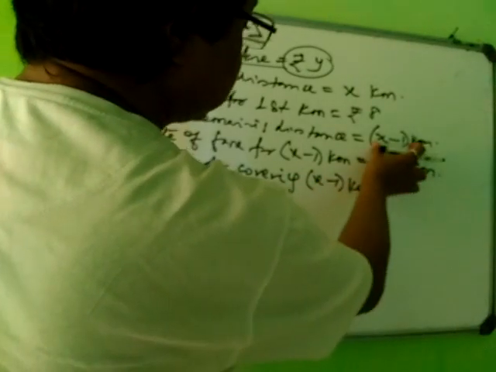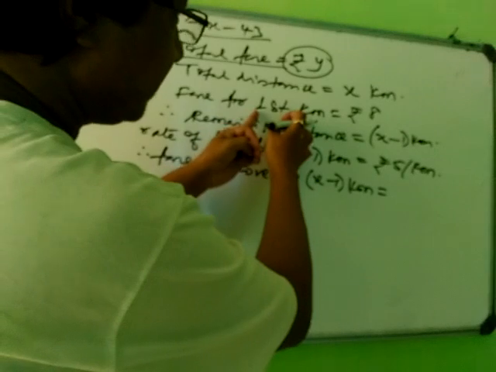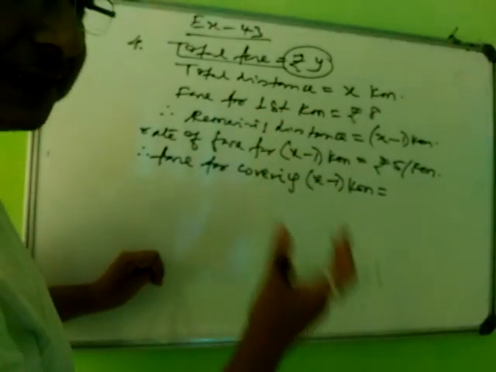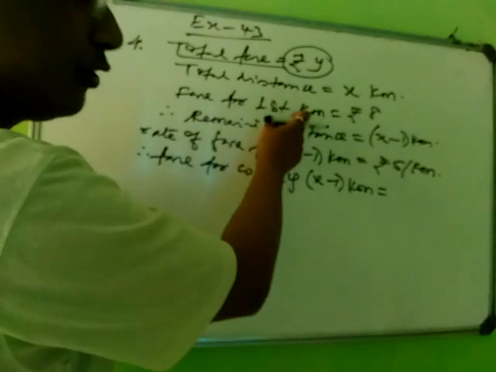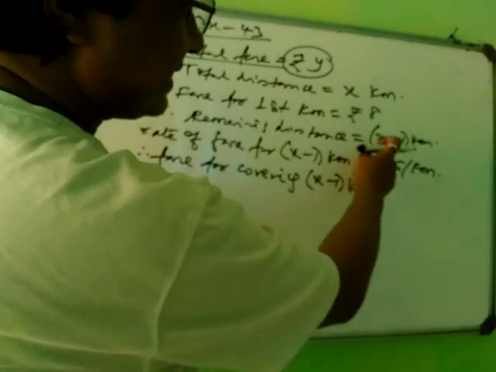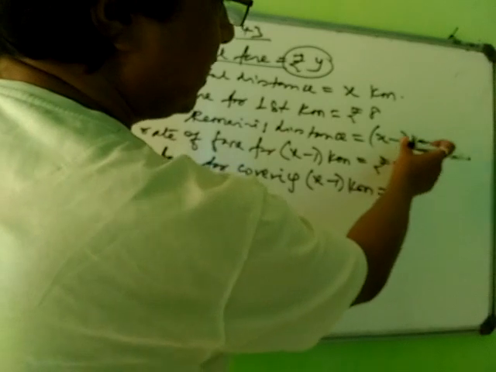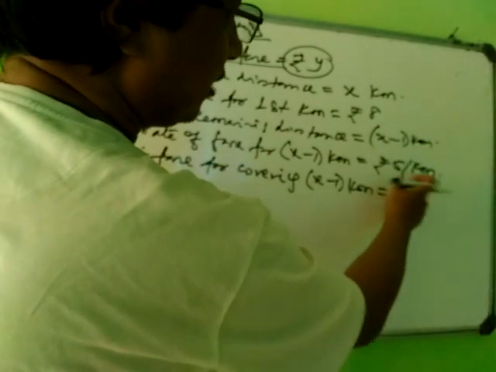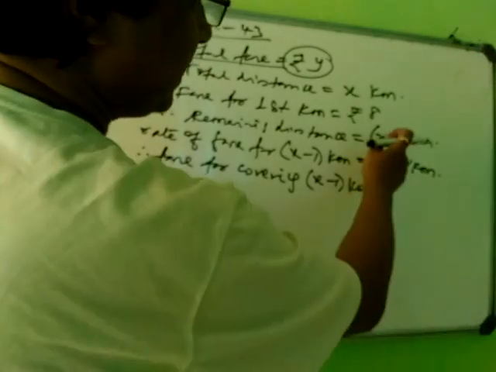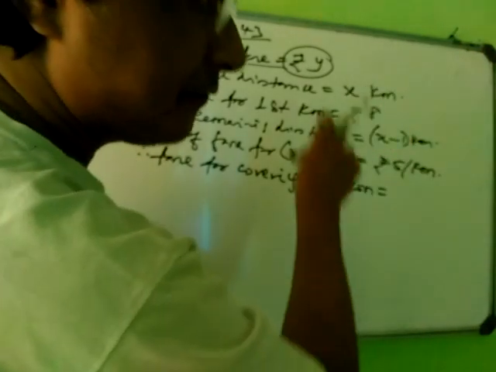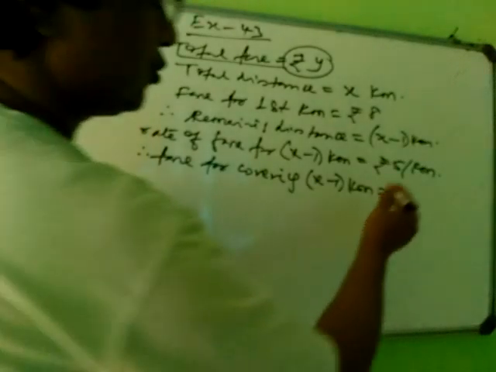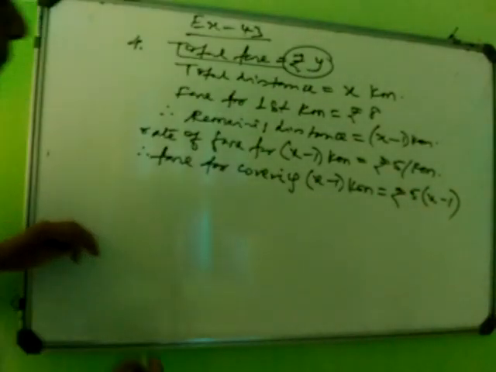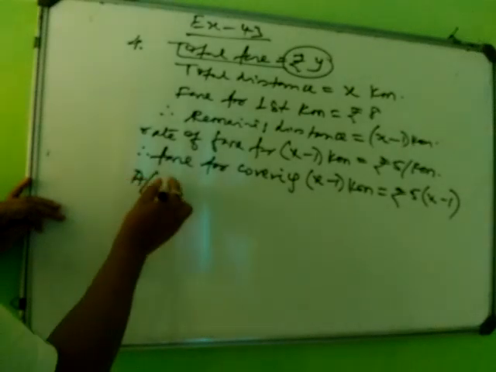Because 1 kilometer is covered for that ₹8, after covering this 1 kilometer, the remaining distance left is x minus 1 kilometer. Now how are they going to charge this fare? Every 1 kilometer ₹5. So for covering x minus 1 kilometer, it will be ₹5 into x minus 1 according to the question.